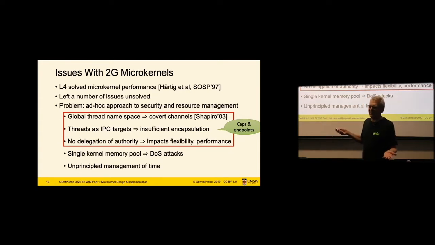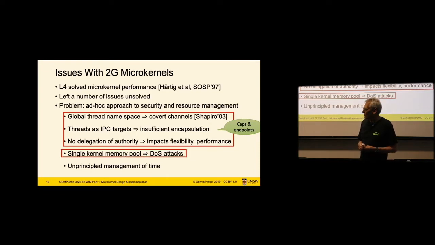And really the additional cost of capability is literally a couple of cycles also on the IPC path. And it really solves a lot of these problems because capabilities have a clear delegation model, you can revoke them, etc. So that's a big improvement. And that's certainly the one defining characteristic of third generation microkernels.